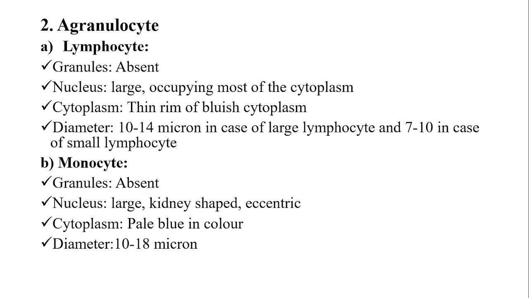Eccentric means that in all of the other cells we have seen the nucleus is present in the center of the cell, but in this particular cell, monocyte, the nucleus is eccentric, because it's kidney shaped, not round, as we have usually seen in other cells. The cytoplasm is pale blue in color and diameter is 10 to 18 micron.